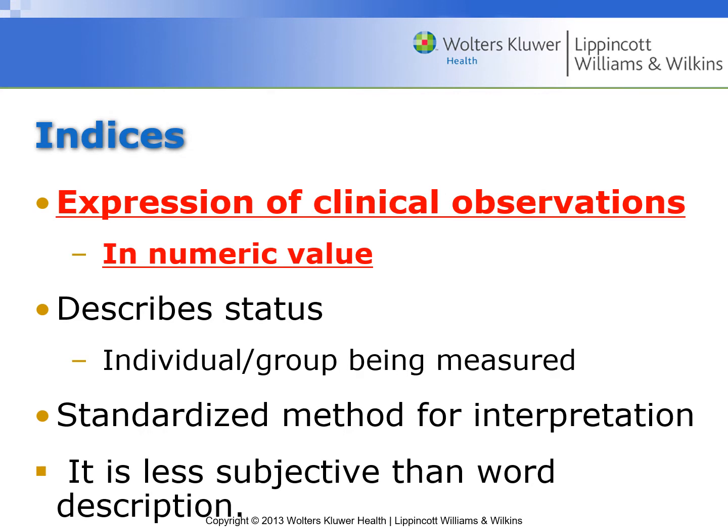So an exact definition of an indices is an expression of clinical observations in numeric value. So they put a number on what you're observing, if you want to observe how much plaque is in a person's mouth, how much calculus is in a person's mouth, etc. So you want to describe the status of an individual or group being measured.